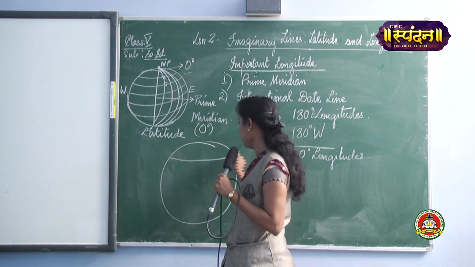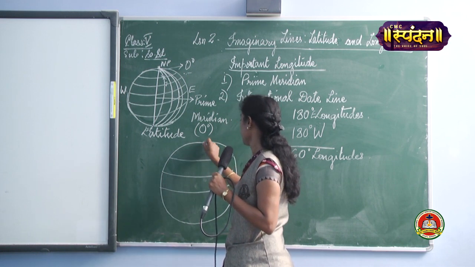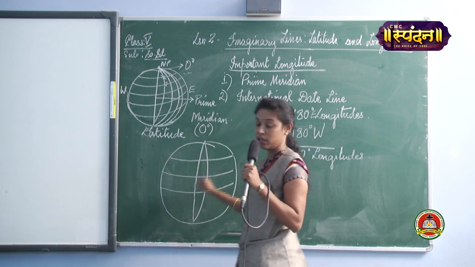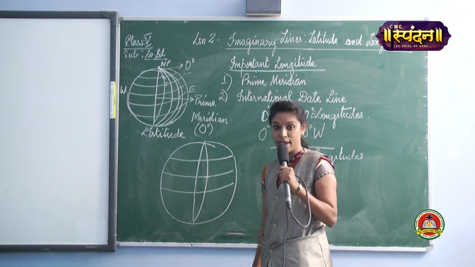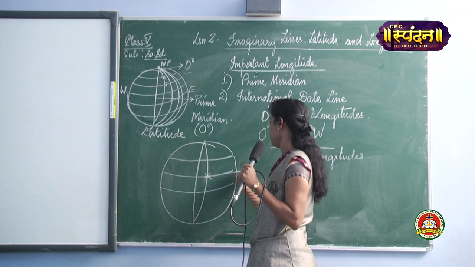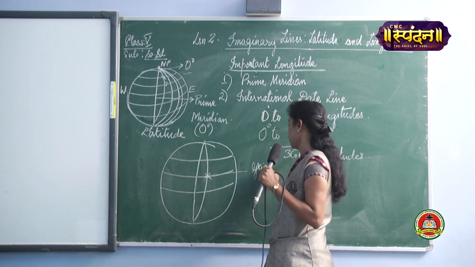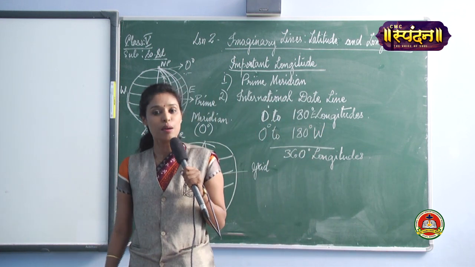Your latitudes and longitudes that intersect each other make your grid. And this grid helps you to locate places.